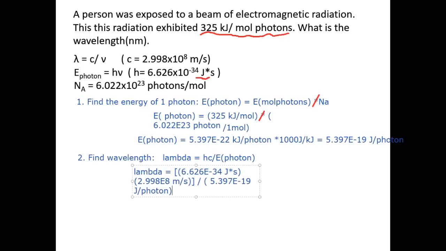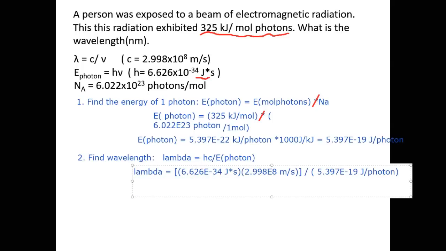Now, the reason I use all these parentheses is because this is how many parentheses you should use when you're calculating the lambda in the calculator.